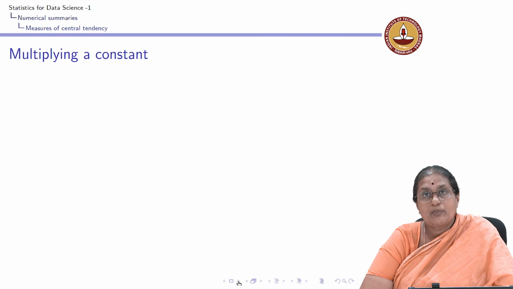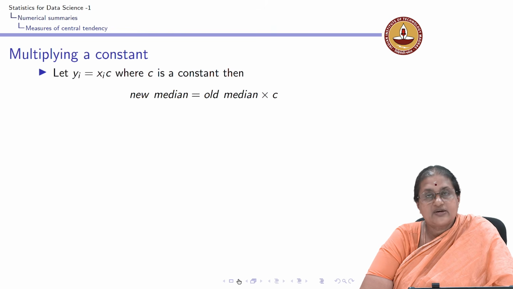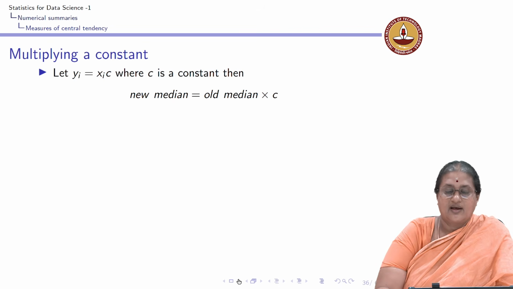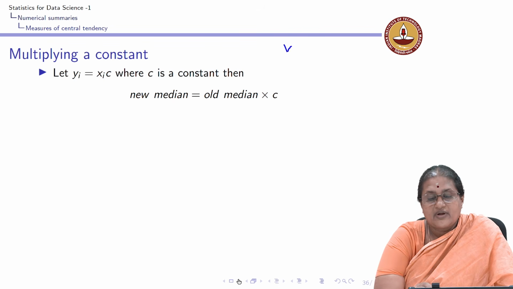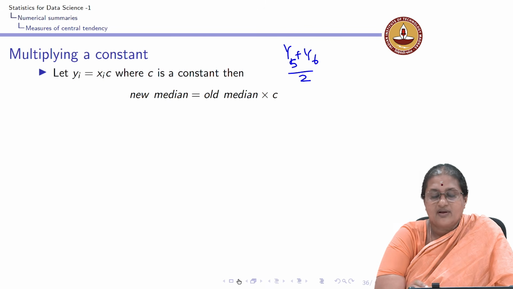What happens when you multiply the entire data set with a constant? Again, y5 plus y6 by 2 is my new median. But y5 is x5 into c, and y6 is x6 into c.